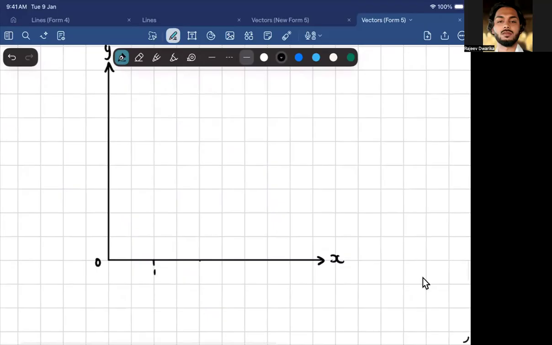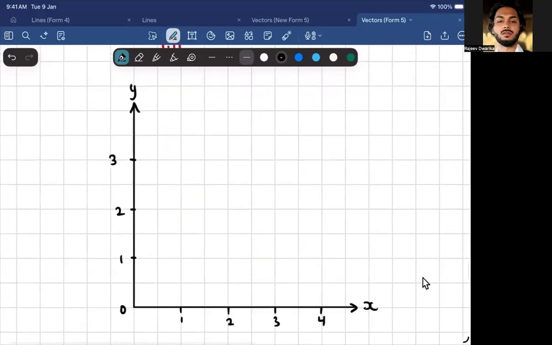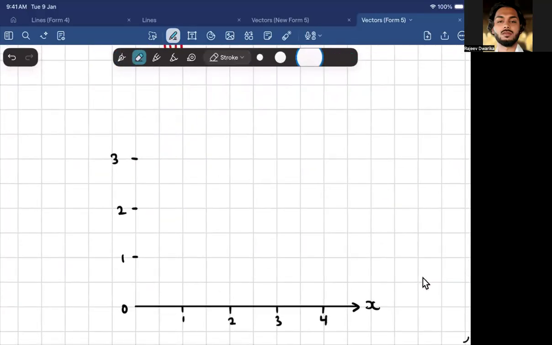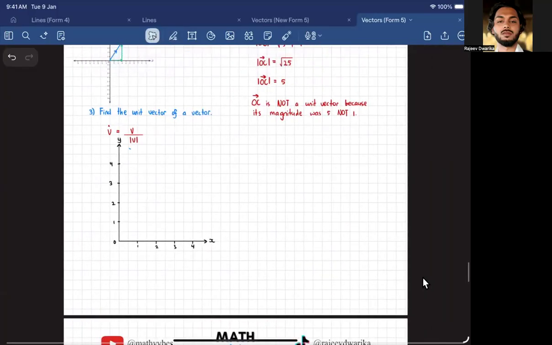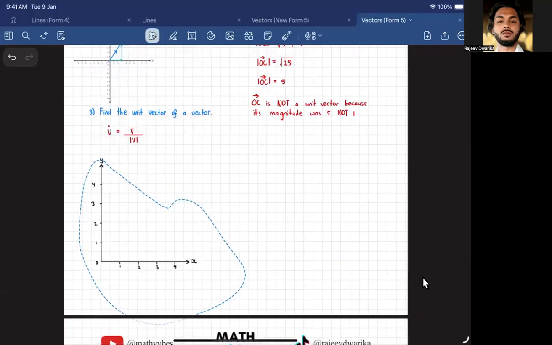Wait, 1, 2, 3, 4. 1, 2, 3. Okay, word. Right. So let's try to understand what the heck is happening graphically.